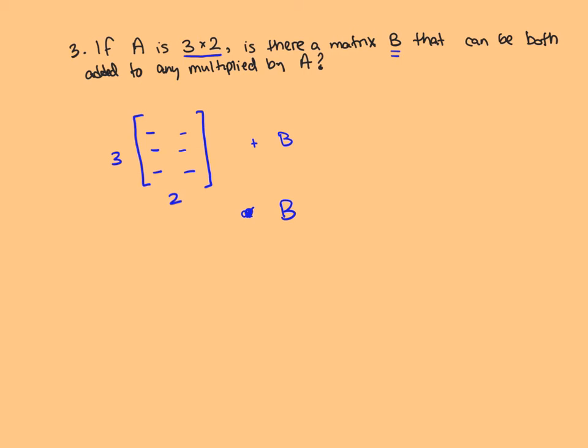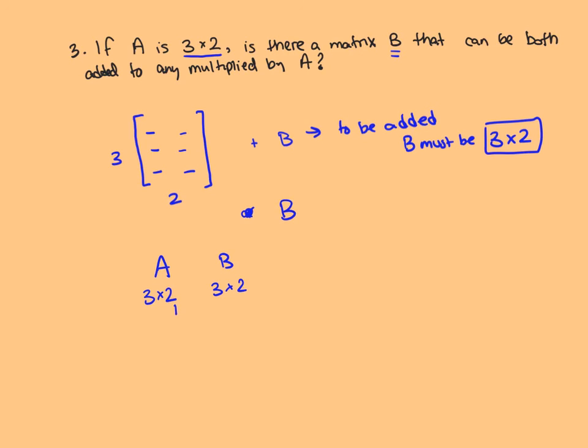For A plus B to work, I need B to be the same size as A, so B must be 3 by 2. But if I have my A, which is 3 by 2, and then my B, which is 3 by 2, I can't multiply them because the 2 and the 3 don't match.